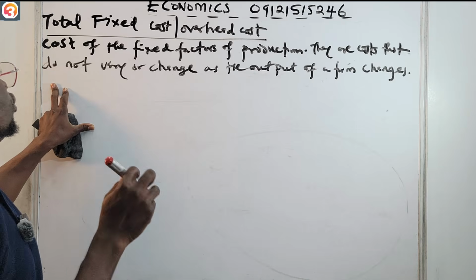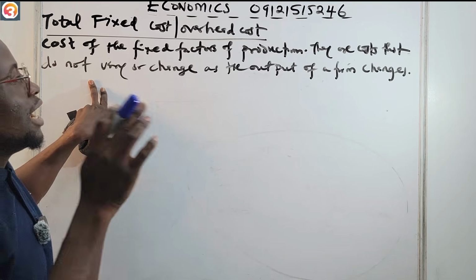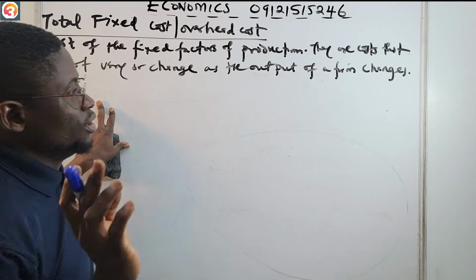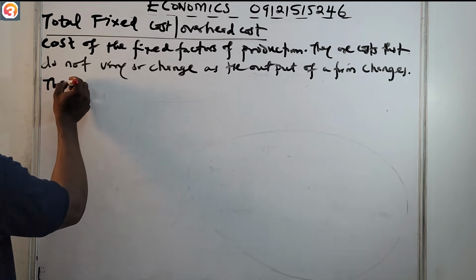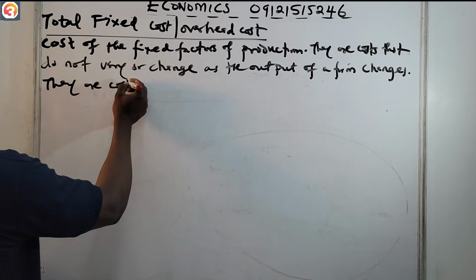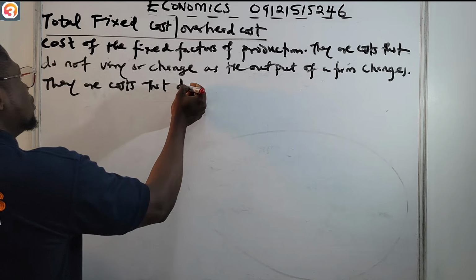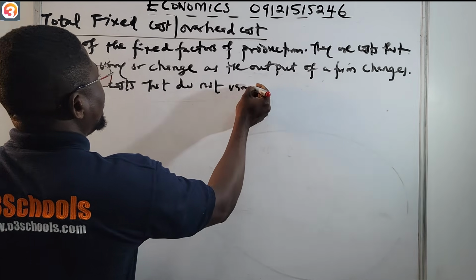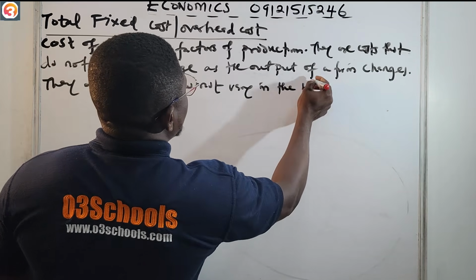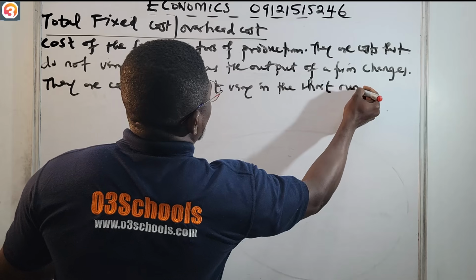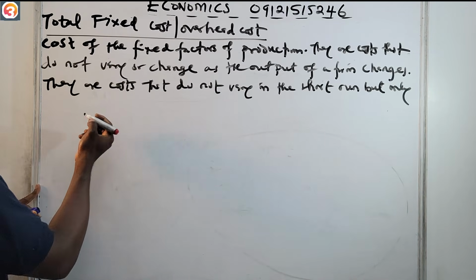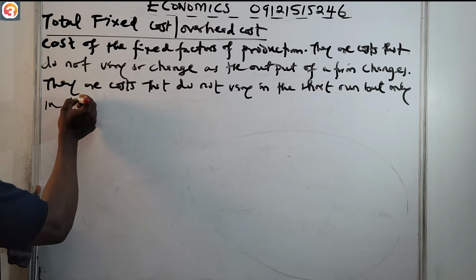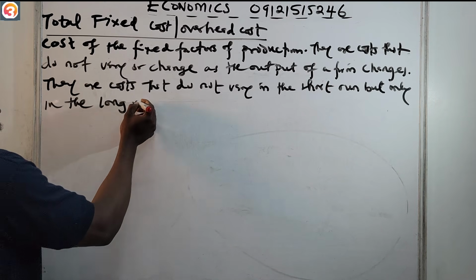They are costs that do not vary or change as the output of a firm changes. So that is total fixed cost: cost of fixed factors of production, costs that do not vary or change as the output of a firm changes. They are costs that do not vary in the short run, but only in the long run. It can vary, but only in the long run.